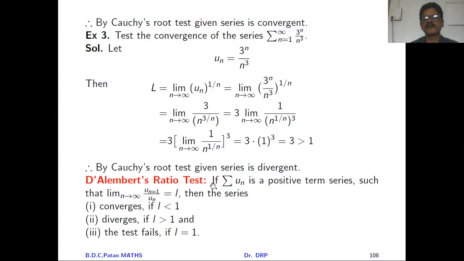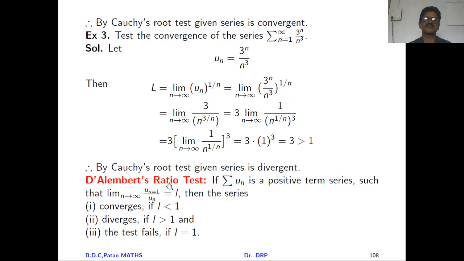So what is the statement? If summation un is a positive term series such that limit n tends to infinity of un plus 1 upon un is equal to L, this sign must be plus instead of the equal to sign, then this series converges if the obtained limit is less than 1, it diverges if the limit is greater than 1, and the test fails if the limit is equal to 1.